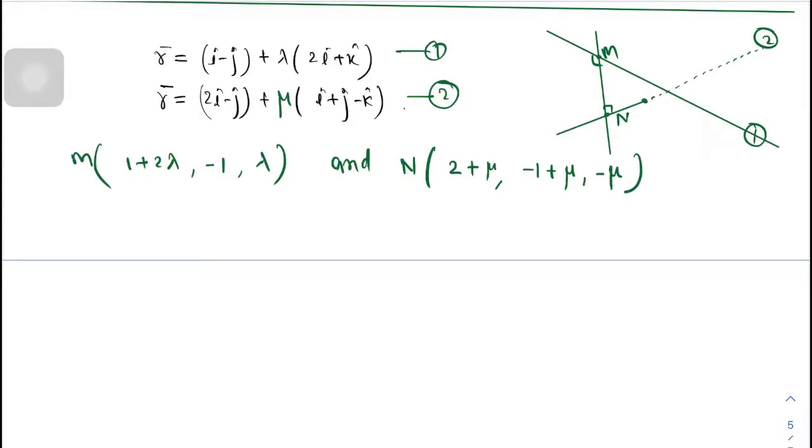Fine. If somehow we get the values of mu and lambda, then we will have 2 points, and finding the equation of the line passing through 2 points will not be a very difficult task. So how do we calculate these two variables, lambda and mu?